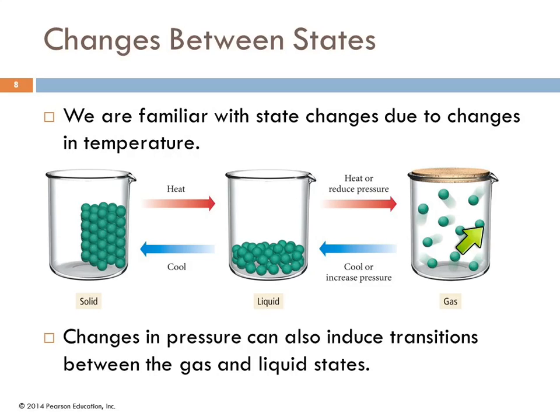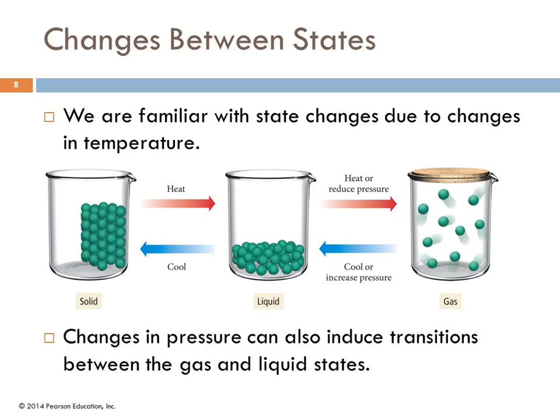As the gas slows down, when it collides with other particles, they're going to stick together and it's going to condense into a liquid. As the liquid particles slow down, they're going to get stuck in position and be a solid. So we're familiar with that.